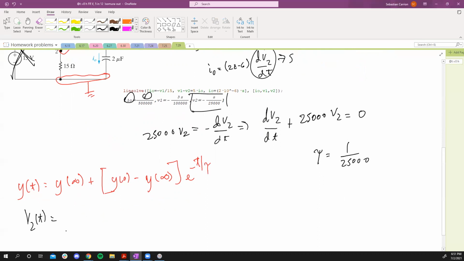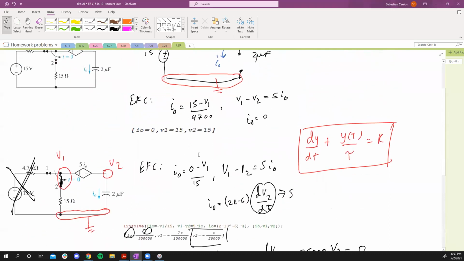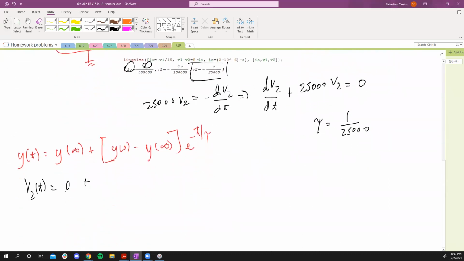Our voltage across our capacitor just dissipates over a long period of time. So 0 plus, what's our initial before is 15, our voltage V2. 15 minus 0, e to the negative t over 1 over 25,000, which is 15e to the negative 25,000t.